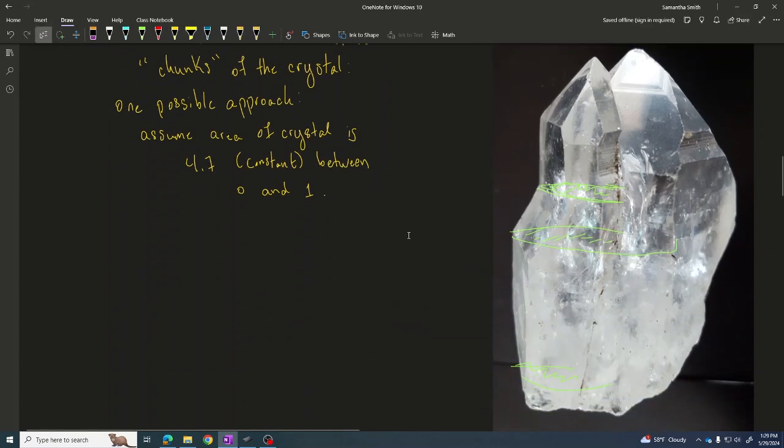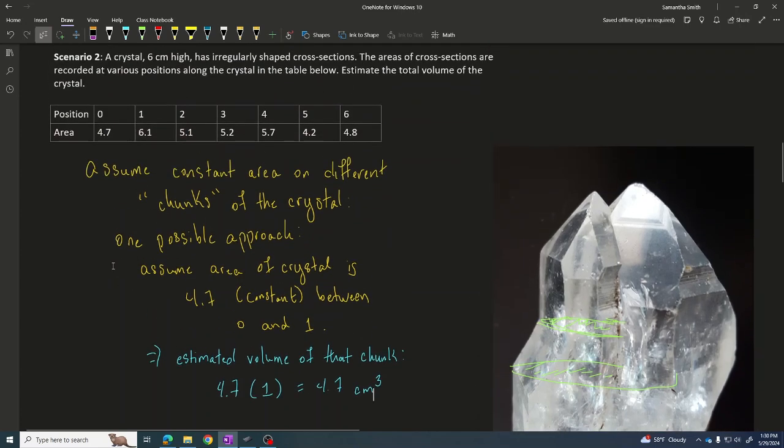If I make that assumption, the corresponding estimate for the volume of that chunk would be 4.7, the area, times the length of the chunk, which between 0 and 1 units would be 1 unit. That would be the volume of the bottommost chunk of this crystal based on this assumption.